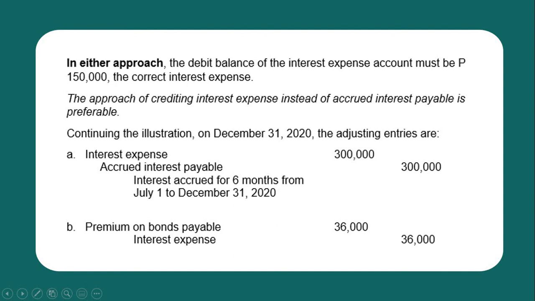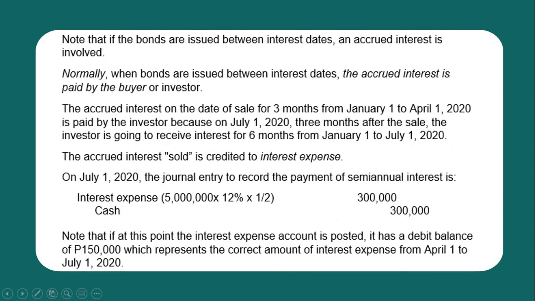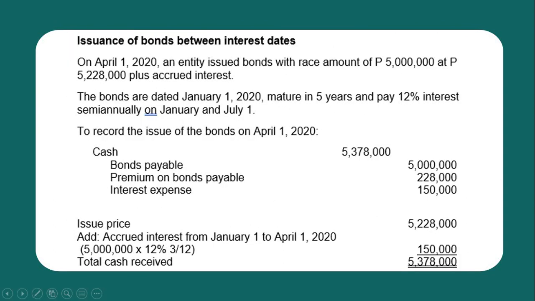The next adjusting entry will be the amortization of premium on bonds payable. Pila ganito ang premium on bonds payable? Initially, we have 228,000. Now, the maturity is 5 years. Now, the question is, how many months or how many years do we need to amortize this 228,000?